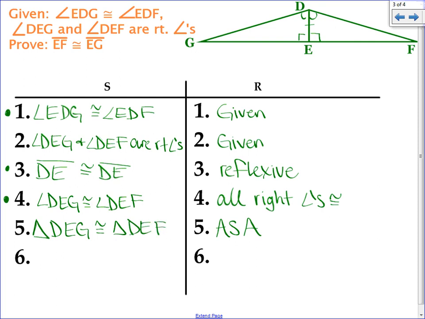So now we have congruent triangles, so all of their corresponding parts are the same. So can we say that EF is congruent to EG? Those two bottom segments? Those are the same triangle, same shape, and same size. They definitely would be. So EF is congruent to EG, CPCTC.